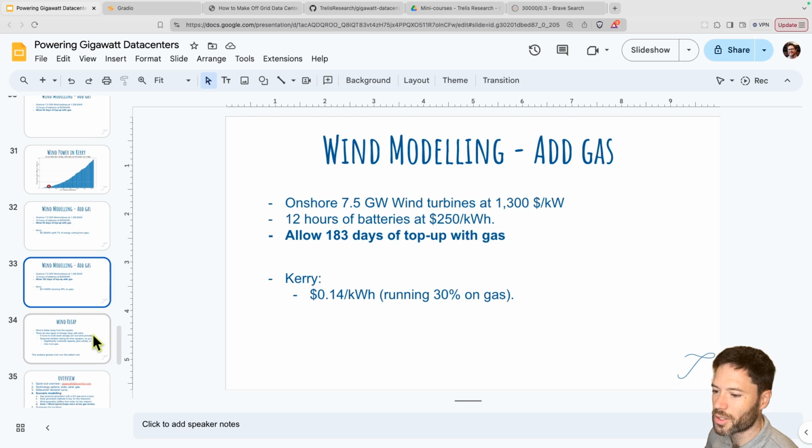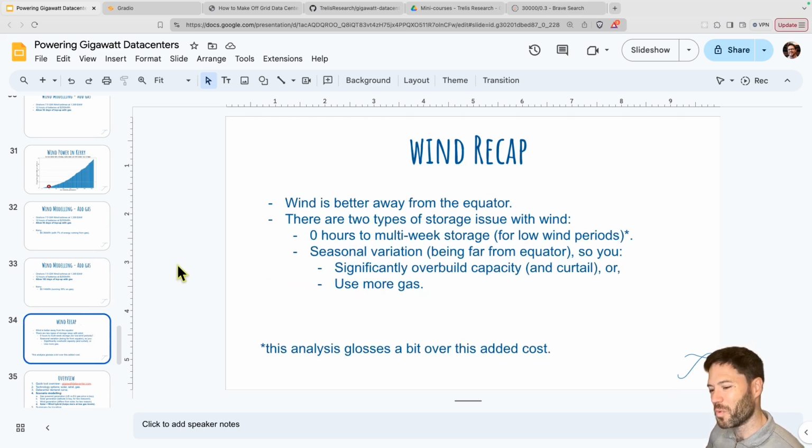system. So to recap for wind, wind is better away from the equator. There's not so much wind towards the equator, although sun is good there. And so when you're away from the equator, there are 2 types of storage issue you run into. The first one is these days up to even weeks where you've got low wind, and you need to be able to account for that somehow, if not with gas, with storage.